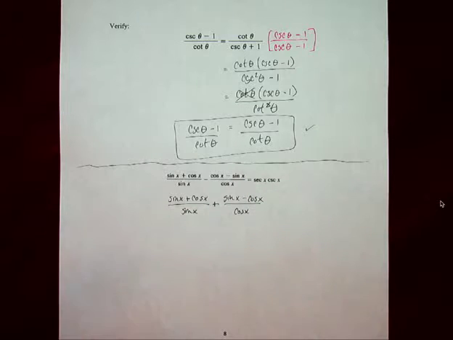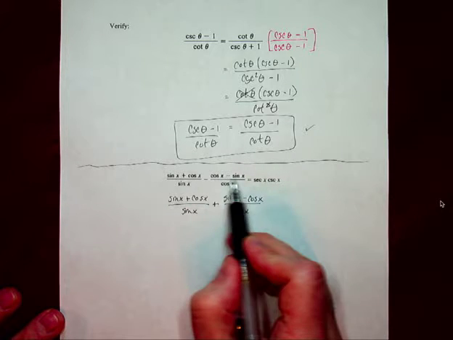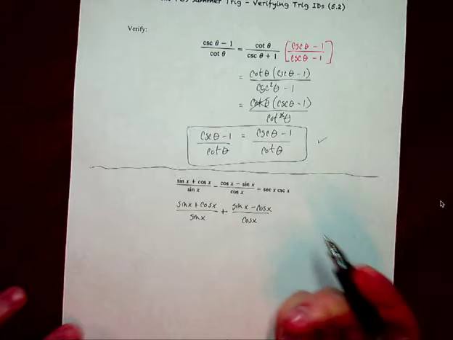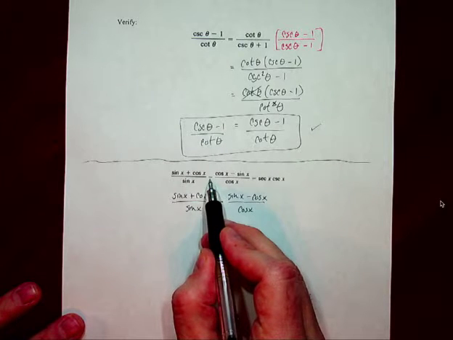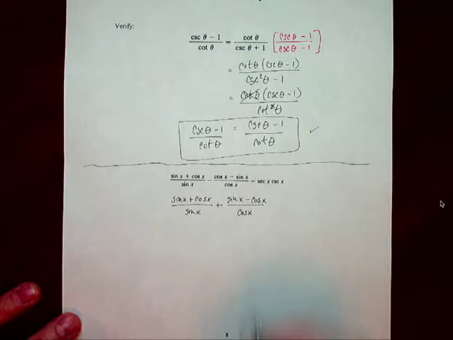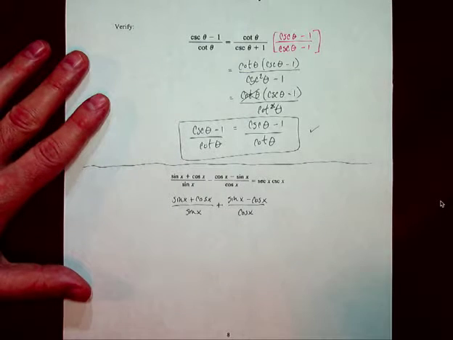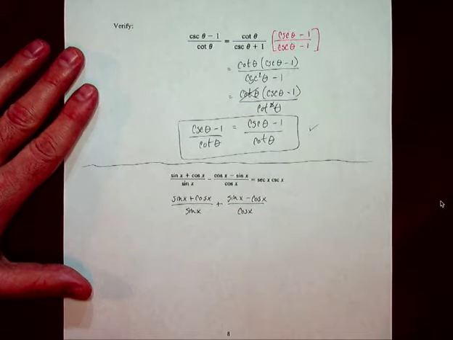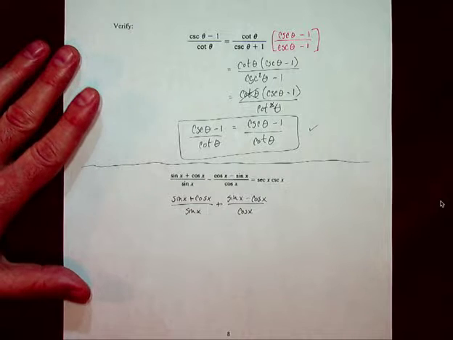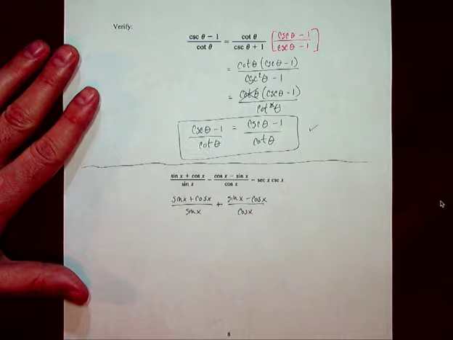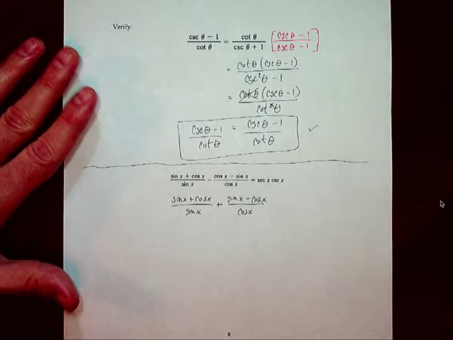Or think about it this way. If I were to factor a negative 1 out of that difference, it would flip, and that negative 1 would combine with this minus sign to become plus. Okay? And if you do that right off the bat, then you don't run the risk of forgetting to distribute that negative if it becomes necessary later.